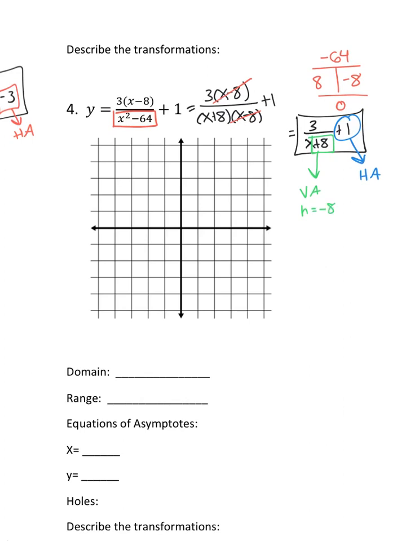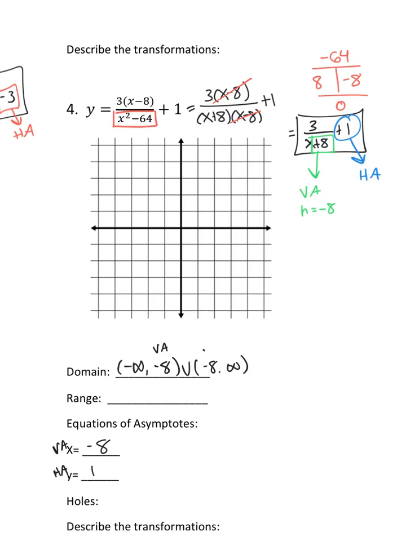So I have a vertical asymptote of x equals -8 and a horizontal asymptote of y equals +1. Domain, going from -infinity to the vertical asymptote, and range going, or sorry, I flipped this.